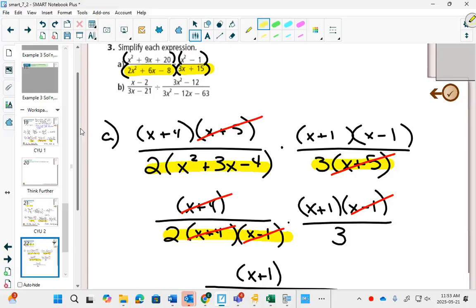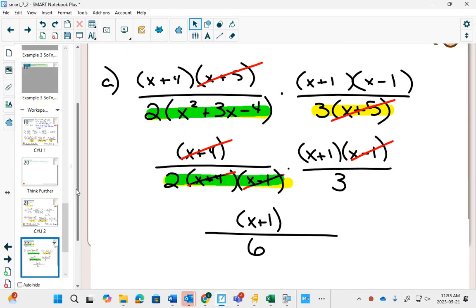I'm going to change my highlighter to green, just so that this part here, would you agree, is equal to this part? Is equal to this part. So if you check that once for non-permissible values is enough. And it's going to be the easiest to see the non-permissible values in the most factored form at the bottom. And you see that x can't equal -4 and x can't equal 1 from the green part at the bottom.